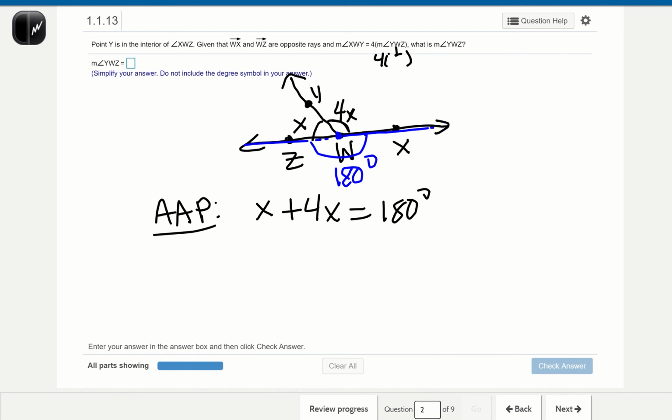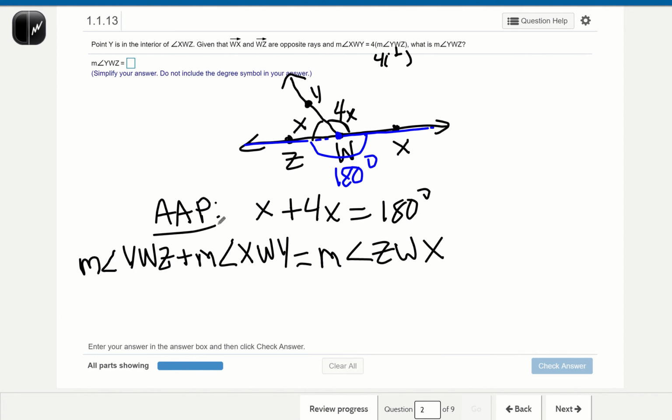So I'll write it down here. We would say the measure of YWZ plus the measure of my other one, XWY, it doesn't really matter, is equal to the entire angle, which is the measure of ZWX.